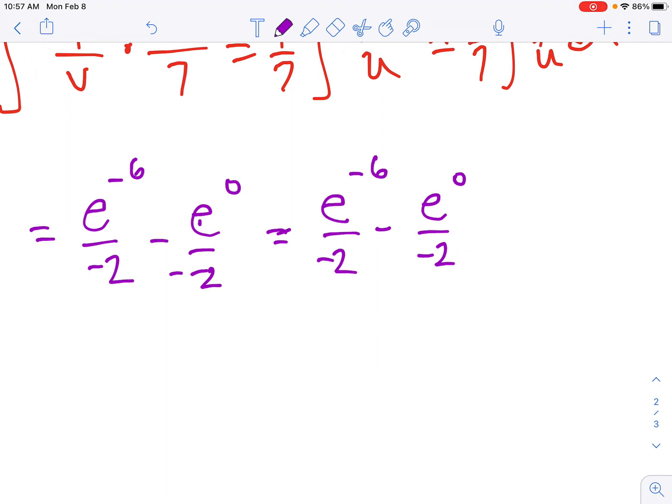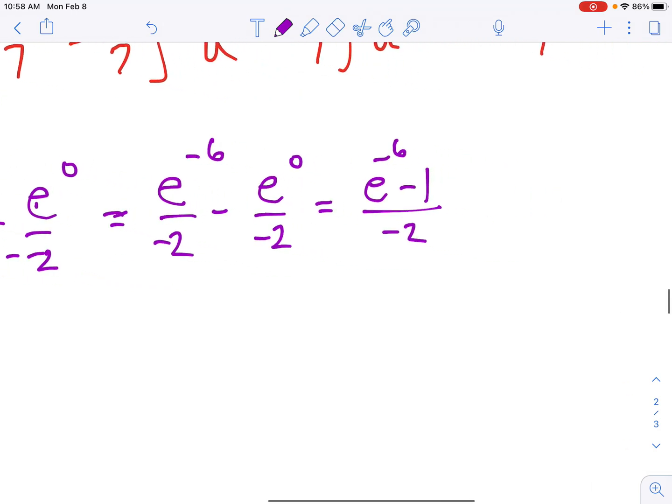And we have common denominators there. So that is negative 2 in the denominator, and then I have e to the minus 6 minus e to the 0. Let's stop calling that e to the 0 though. Let's call that 1 already. Minus 1. There we go.